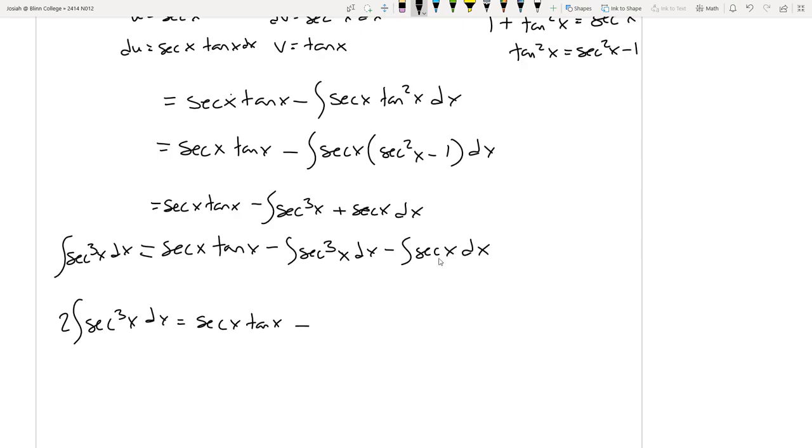And we should know what the integral of secant of x dx is. If you do not remember from Calc 1, you should have looked at this. But this was kind of a trick integral. You actually have to multiply by a fraction here.